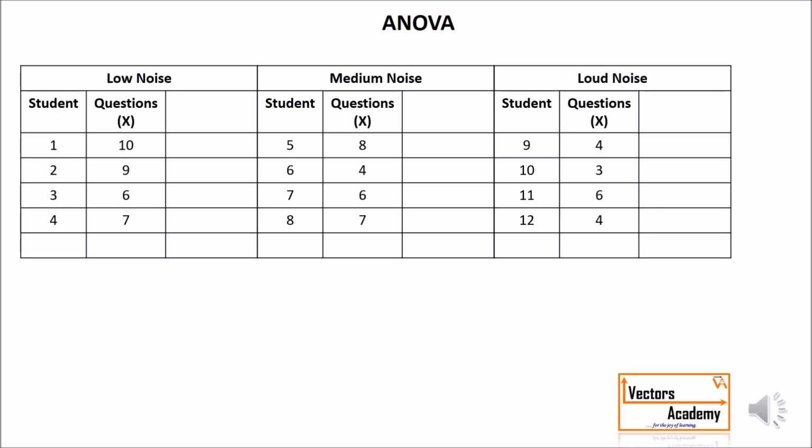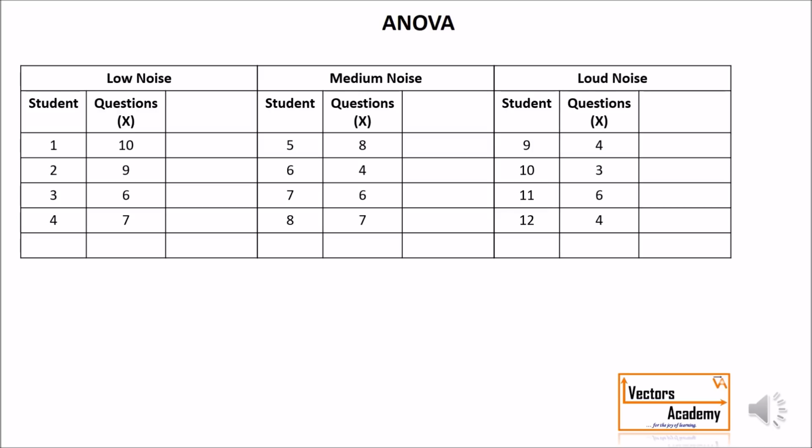Okay. So we just have to find out what is the relation between the noise and the number of questions solved. Now, if you look at the table carefully, you can directly notice that as the noise increases, the number of questions solved by a student decreases slightly. So you can say there is a negative correlation between the variables.